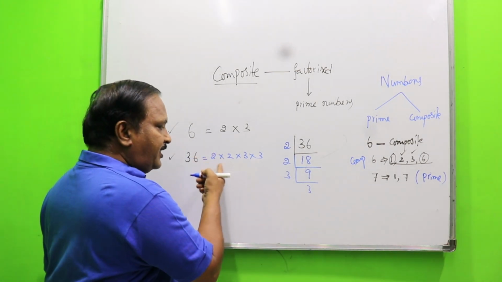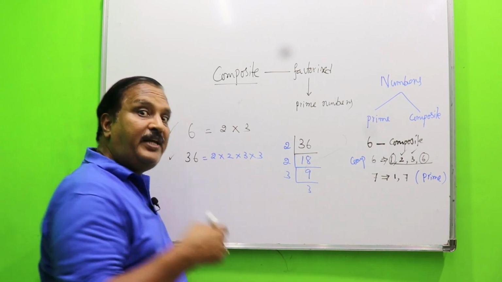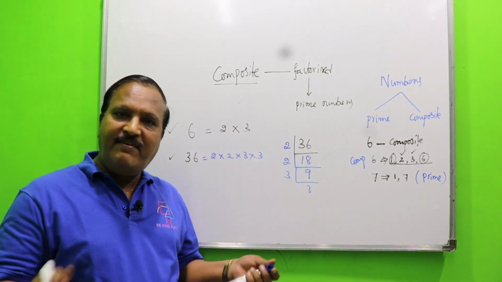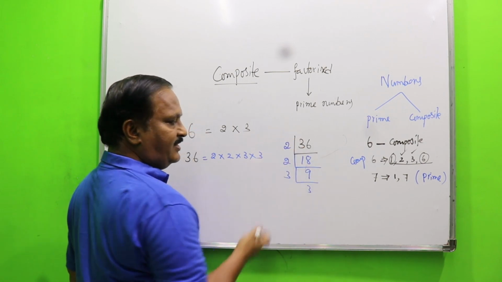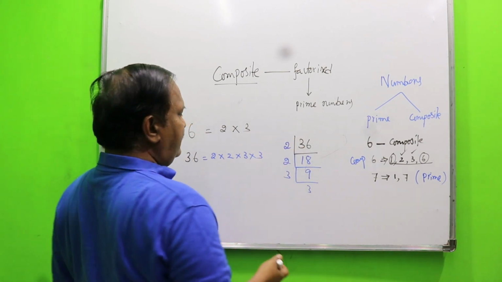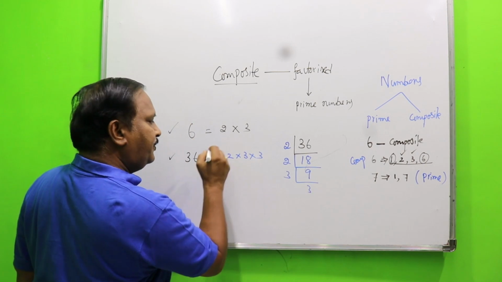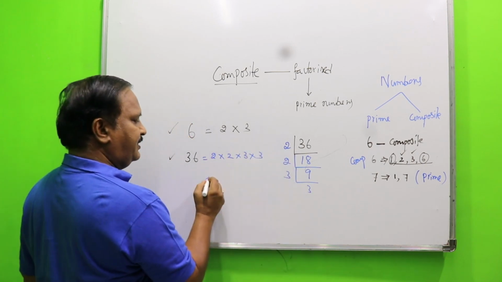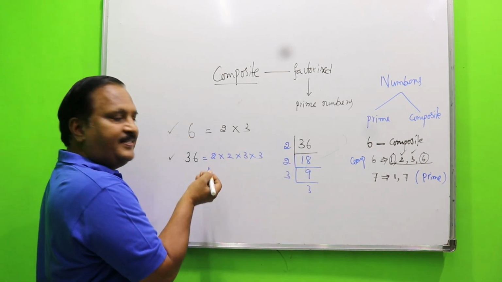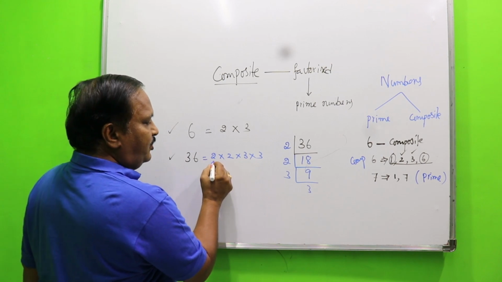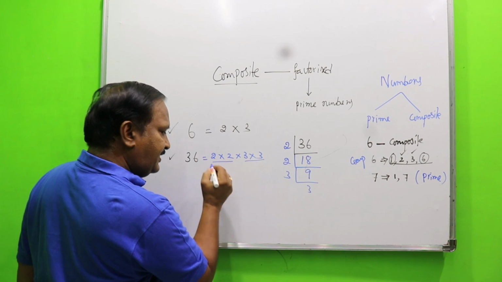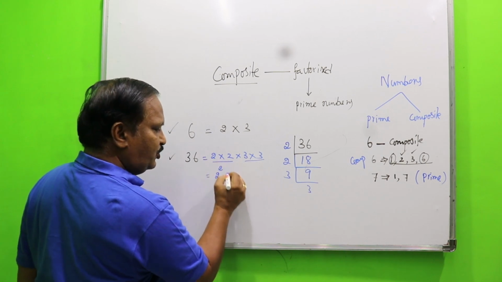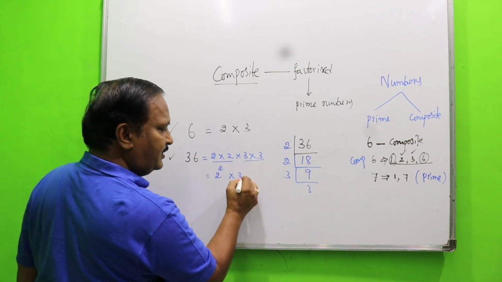This product of prime factors is unique. You do it in any way. Sometimes you may divide 36 by 3 in the beginning. Whatever the product, you write it in ascending order of the numbers. Now this is already in ascending order. So 2 into 2 becomes 2 squared, and 3 into 3 becomes 3 squared.